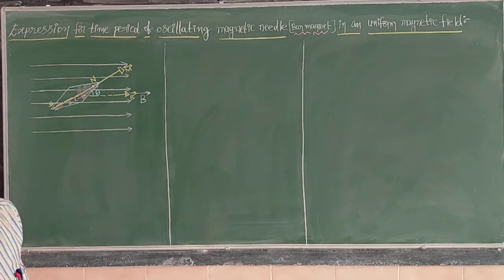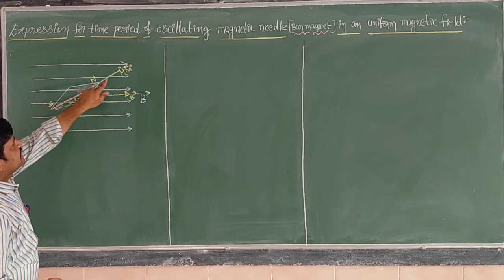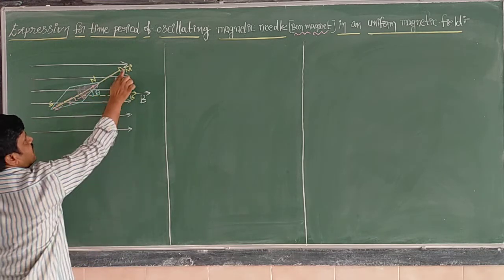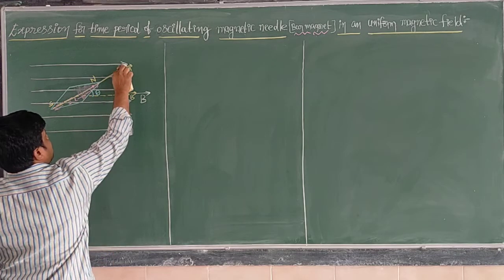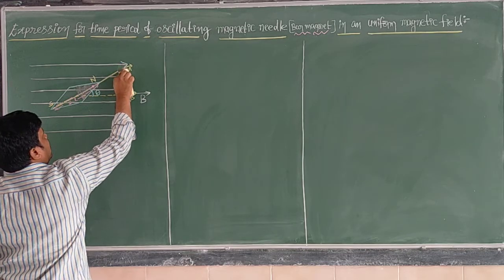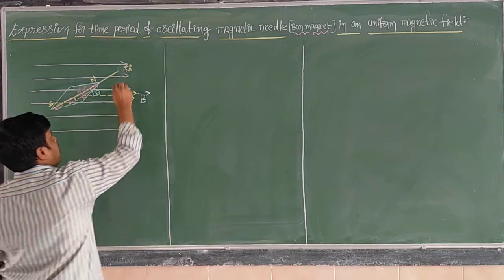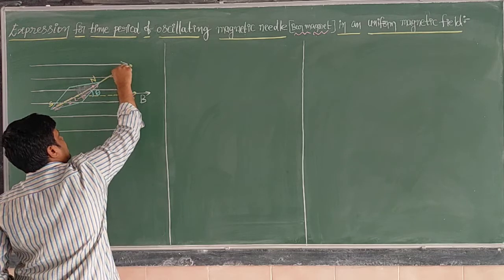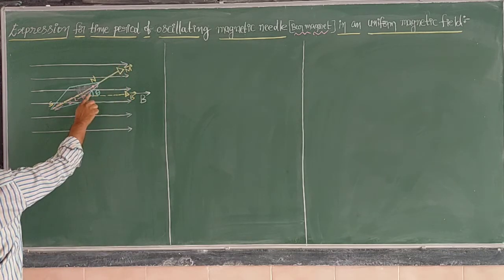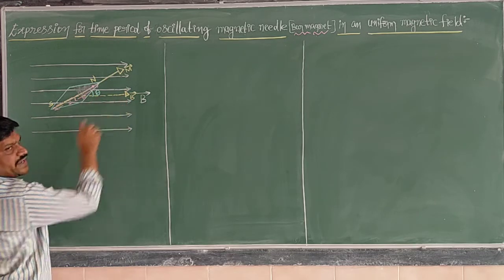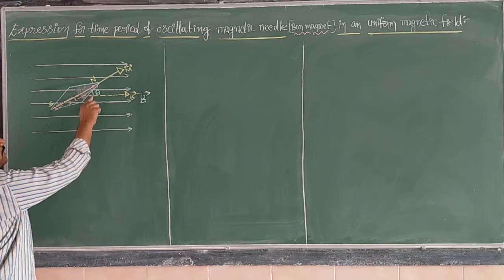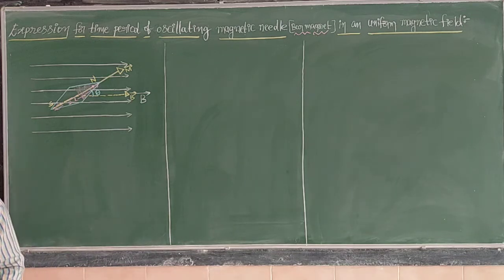After rotating, the angle between the magnetic dipole moment and the magnetic field, I have represented here, is theta. This is the direction of the magnetic dipole moment and this is the direction of the magnetic field. In between these two, the angle is theta.